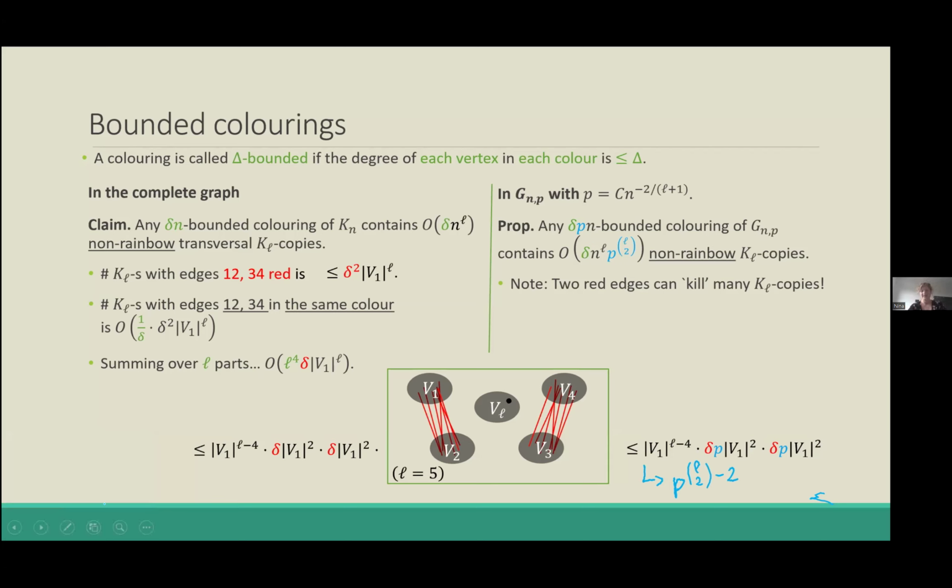And we cannot get this factor using any kind of elementary counting. So indeed, this is the average number of KL copies containing any 2 fixed edges, but we cannot claim it for some desired fixed edge. And in fact, the adversary can find 2 edges that are contained in many KL copies and color exactly those 2 edges red.